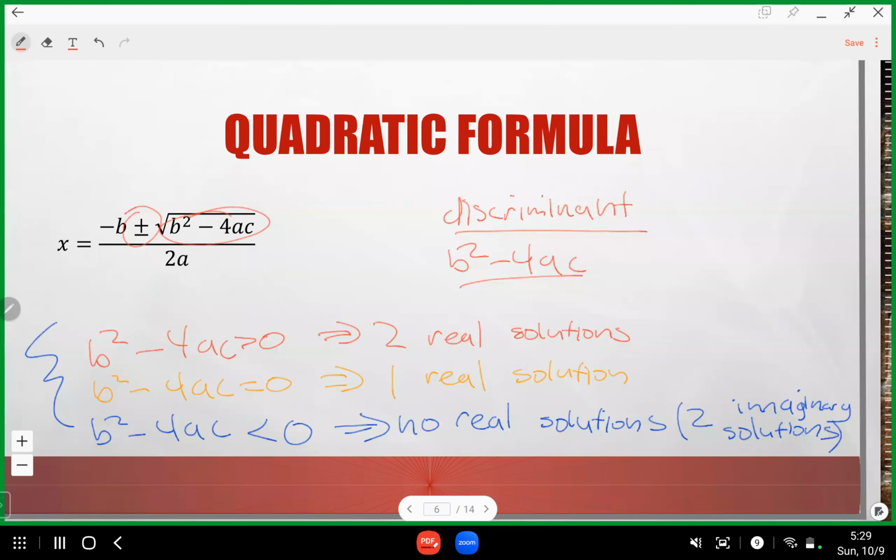Now let's depict this. Ever heard of a parabola? This is a parabola. So far we've just been graphing lines. We're going to be graphing these later. This is the graph of a quadratic. It's going to be a U shape, called a parabola.